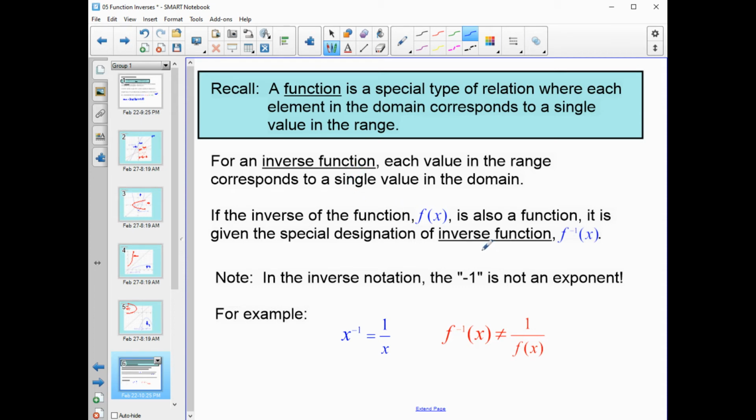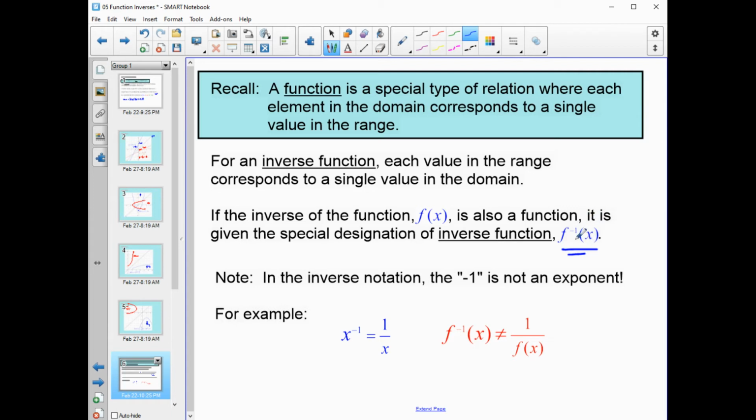If it turns out that your inverse is also a function, we actually use this special notation to denote the inverse function. I'm just putting in this extra caveat, this extra warning, about the -1 in the function notation. Just in the same way that you had to learn that with function notation, these brackets did not mean multiplication, the same thing is true with the inverse function notation. This -1 is not an exponent. It stands for an inverse.